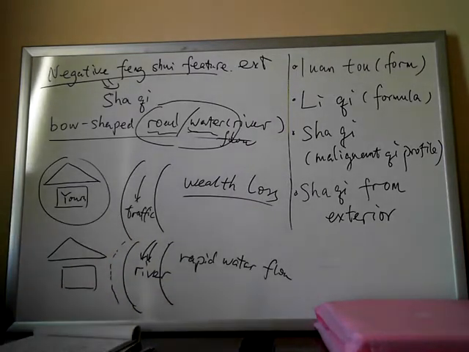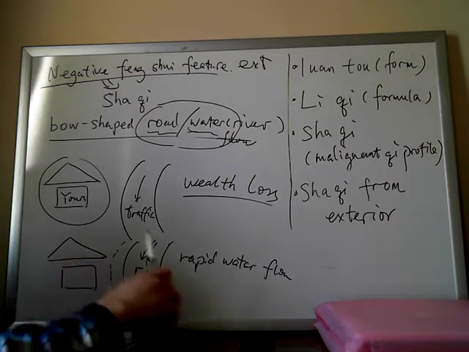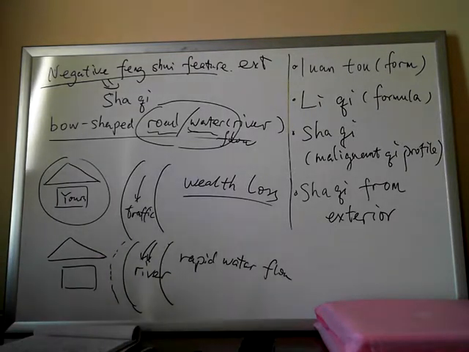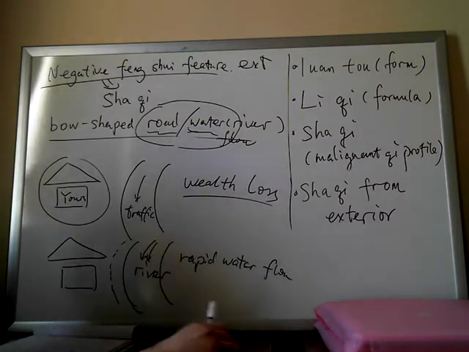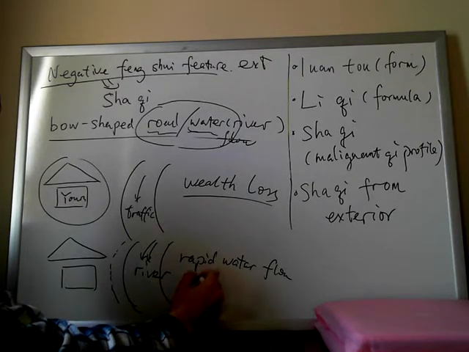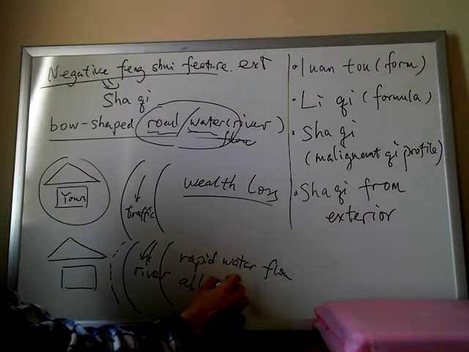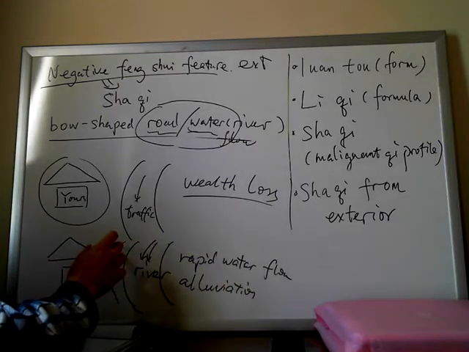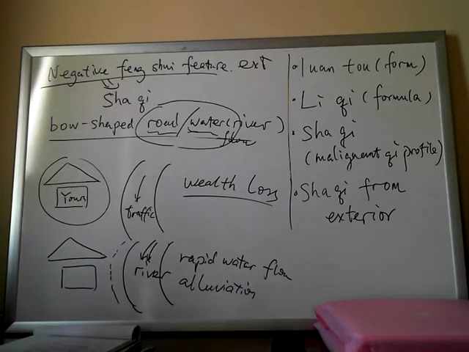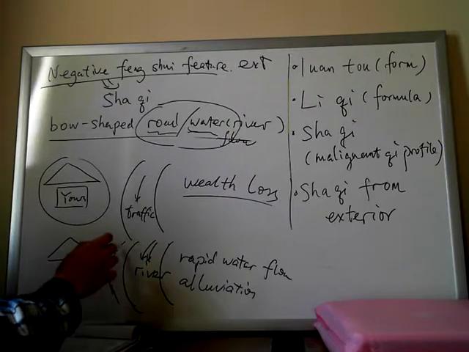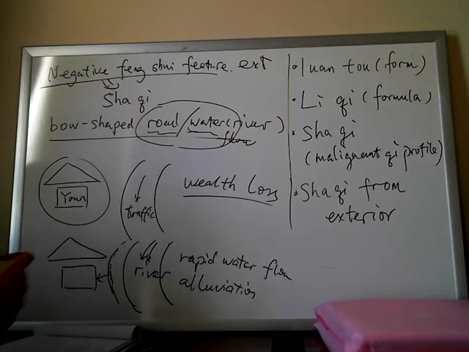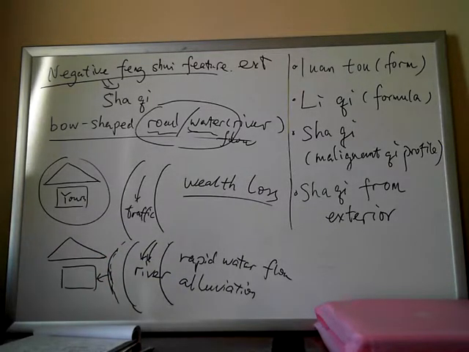Let's say you have many rainy days, and the water flow becomes much stronger, and you have this alluviation effect, and if the effect gets strong enough, the water will flow into your house, and your house might be flooded away.